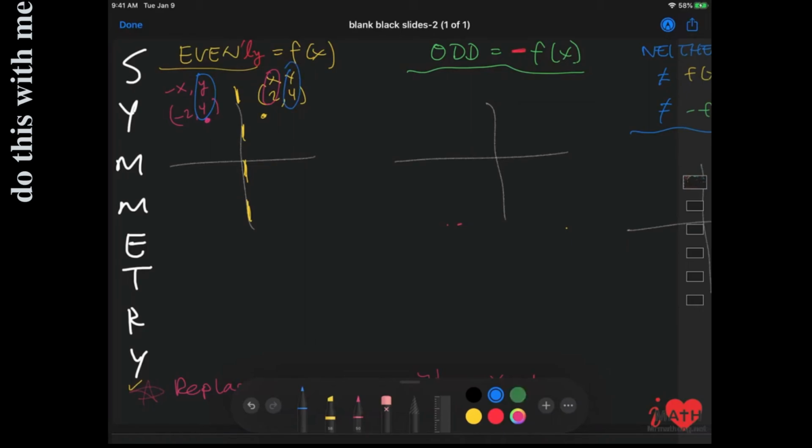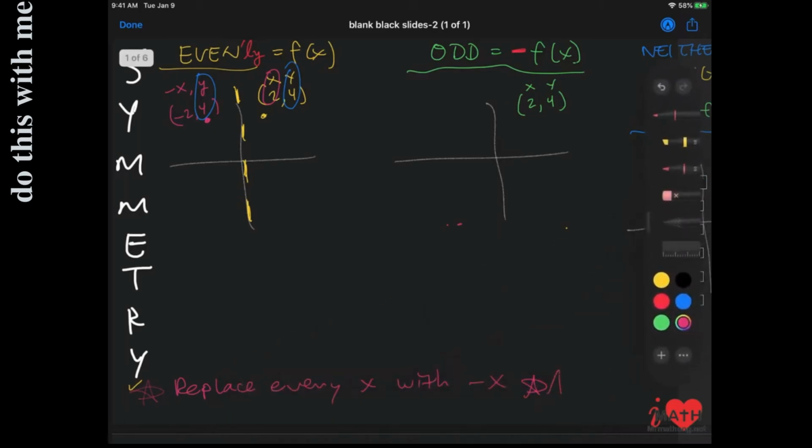Let's try the same example, 2, 4. And then I'm going to go down here and replace every x with negative x. So this is going to become negative x. So the opposite of positive 2 is negative 2. And it's saying if I get the opposite of y.